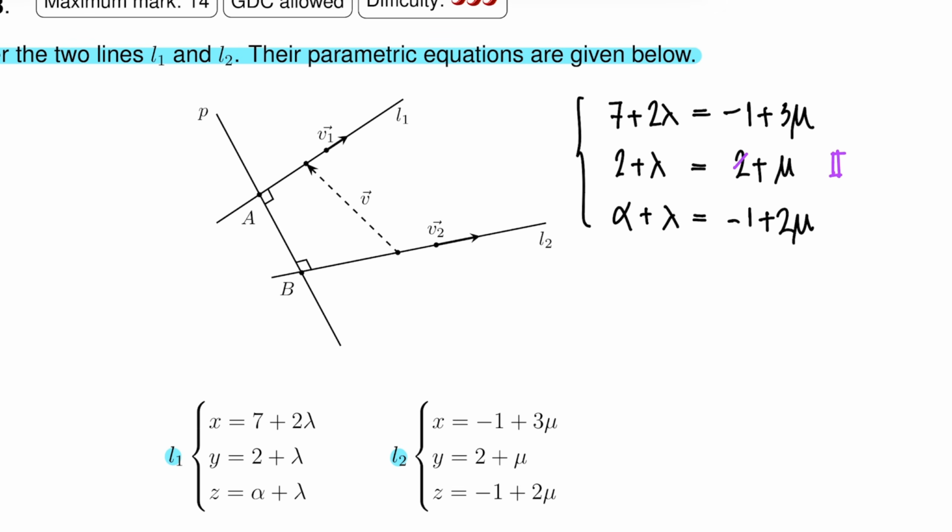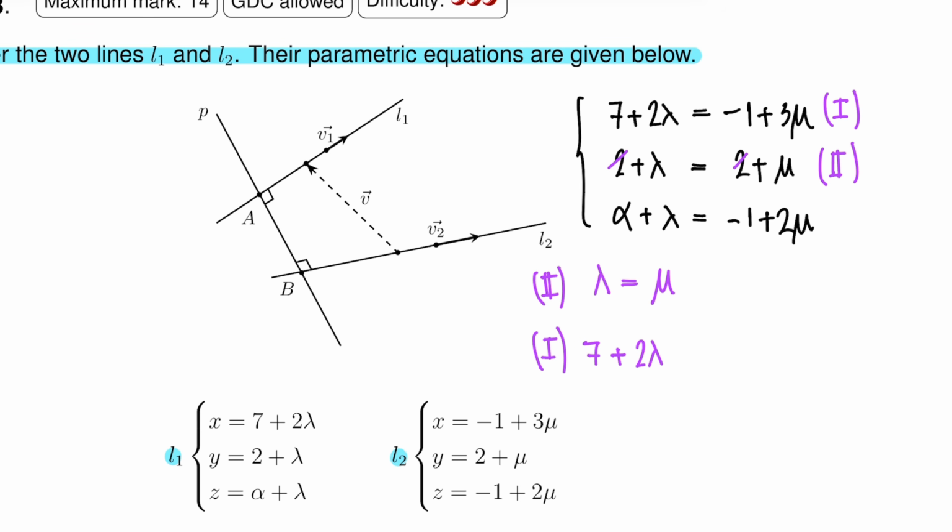We can cancel out the 2's over here, and we know that lambda will be equal to mu where these lines intersect. Now, plugging this into the first equation, we get 7 plus 2 lambda equals negative 1 plus 3 times mu, but mu is equal to lambda, so 3 times lambda. We have lambda equal to 8. And by the way, remember that lambda and mu are the same.